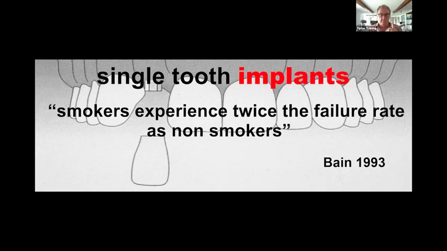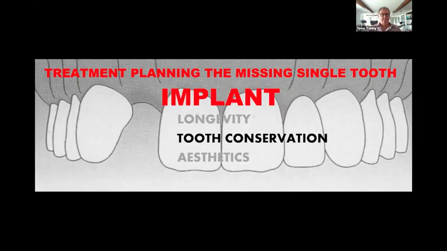Maxilla versus mandible, smoker versus non-smoker, long implant versus short implant. There are many, many more variables than this. This is not a webinar on how to do implants. This is a webinar comparing success rates with implants versus adhesive bridge work versus conventional bridge work.